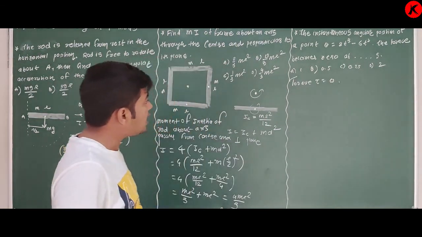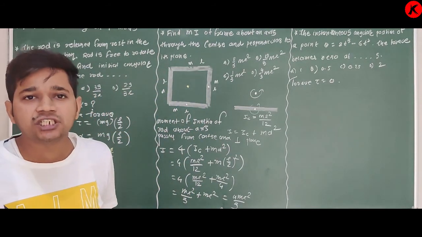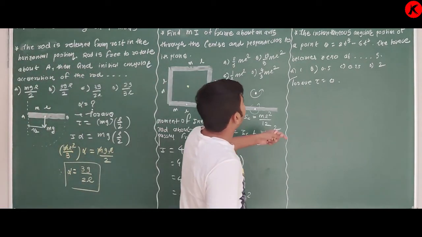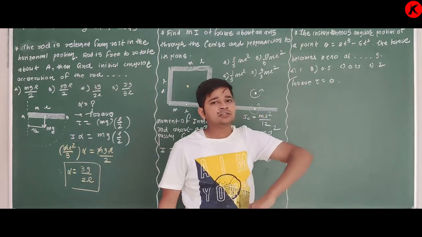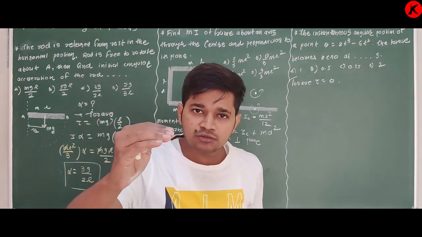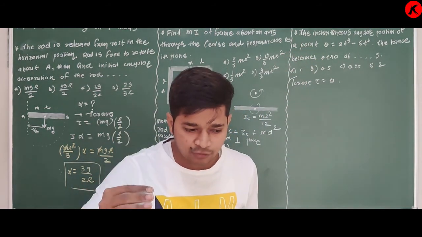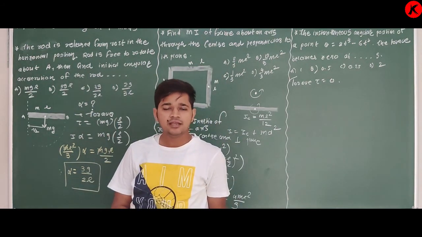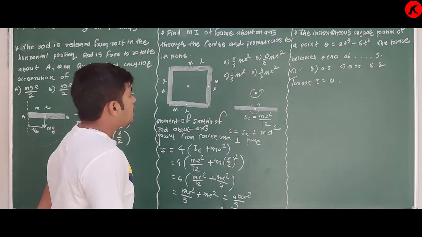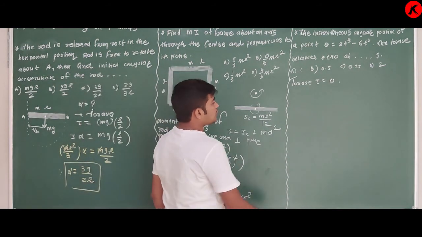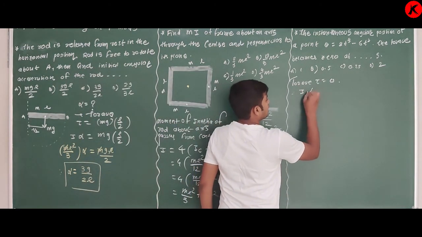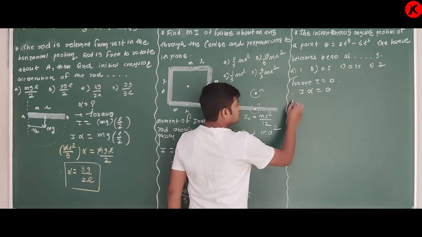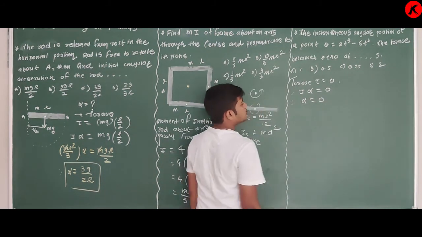Alpha is angular acceleration, and you are given the angular position. From angular position, first you can find angular velocity and then you can find angular acceleration. As torque tau is I alpha and it is 0, therefore alpha is equal to 0.